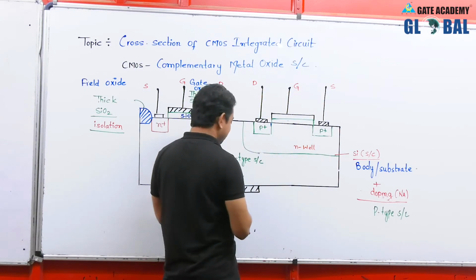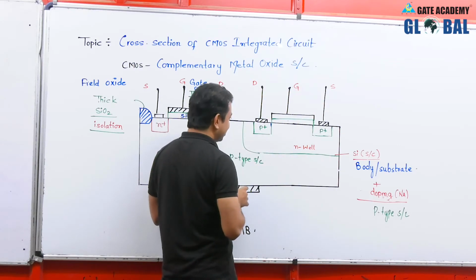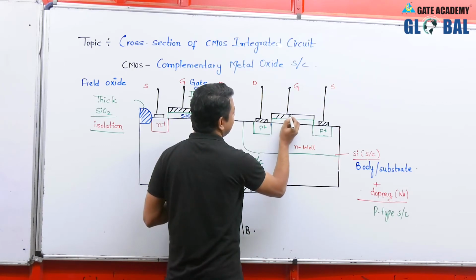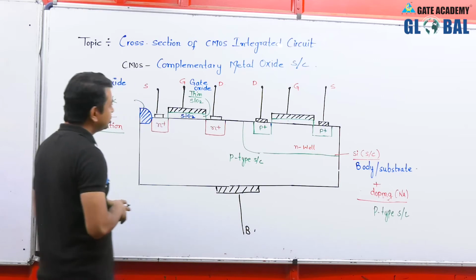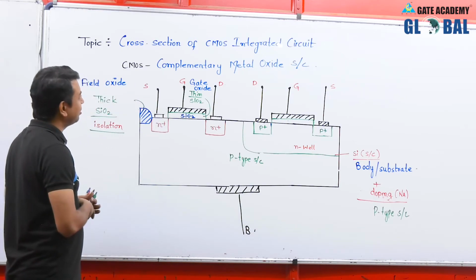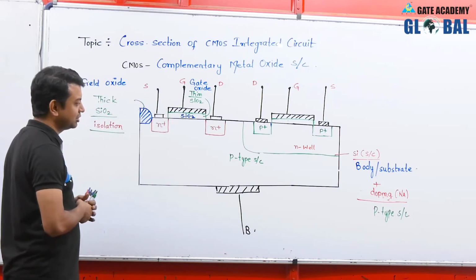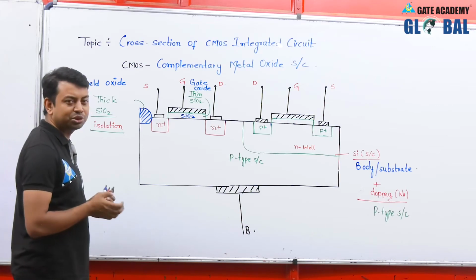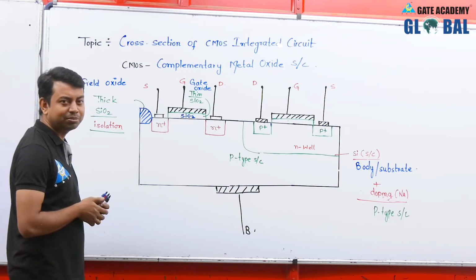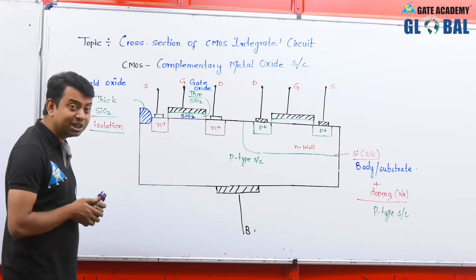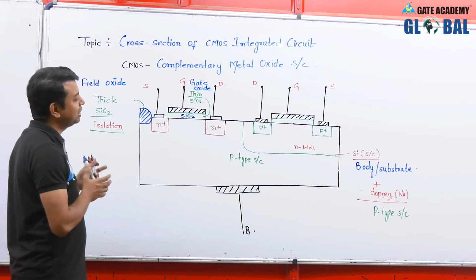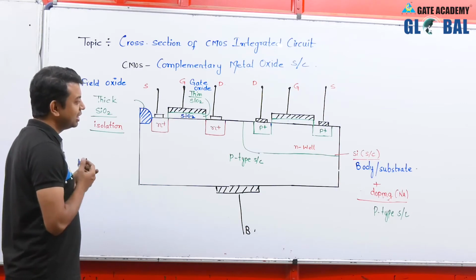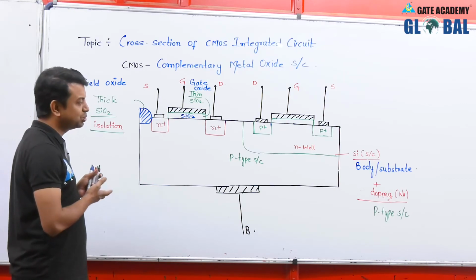In between we have the gate region, and we have the metal here, or we can use polysilicon also. So this is the structure of a complementary metal oxide semiconductor. I think you understood that a complementary metal oxide semiconductor is a combination of PMOS and NMOS both, and this is the fabrication process that we have understood so far.